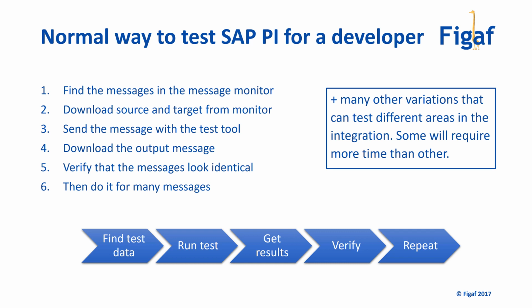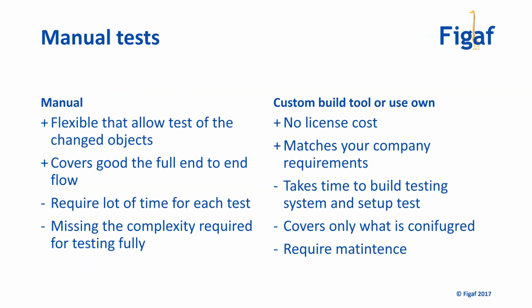But obviously there's a lot of other variants about how you can test and make sure that it works in all the scenarios. So there are some manual tests we can do, and this was one of these. The benefit of this is it's a really flexible way of testing. You can test the different things that you want. It covers from the SAP system to your warehouse system end to end.